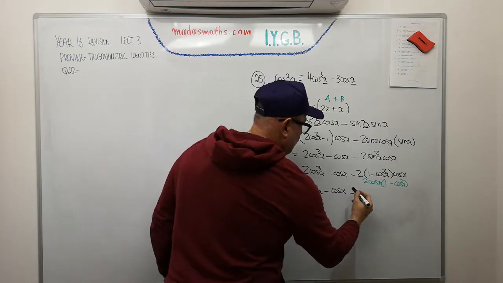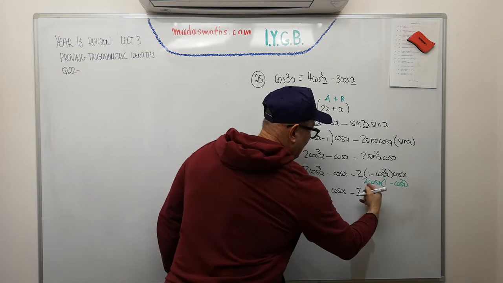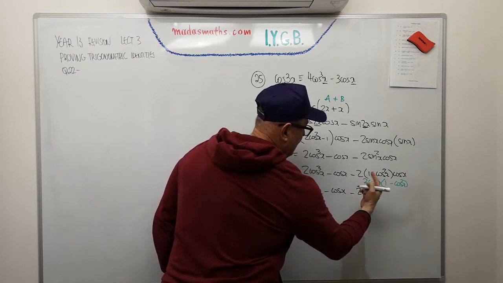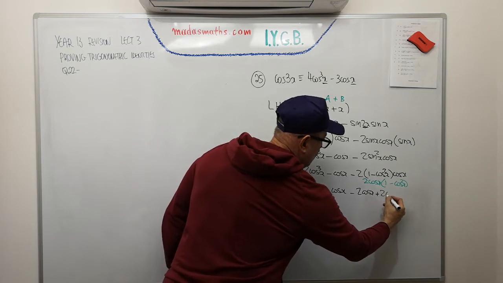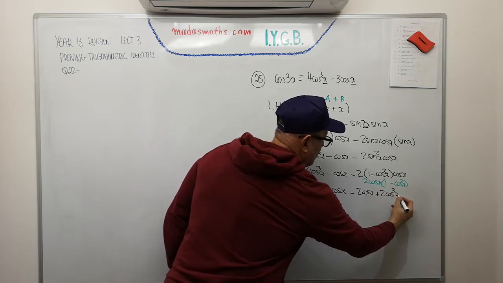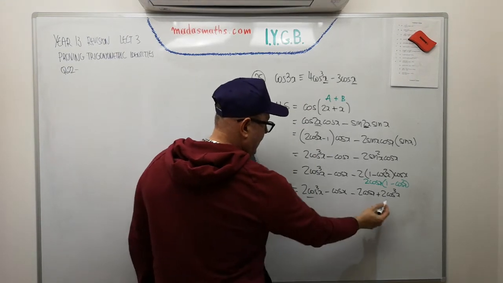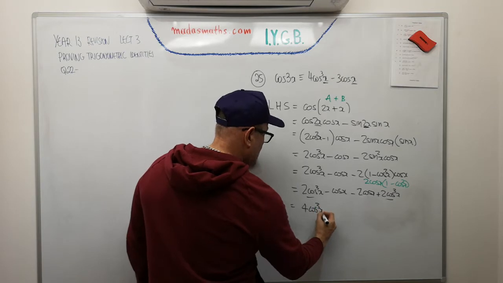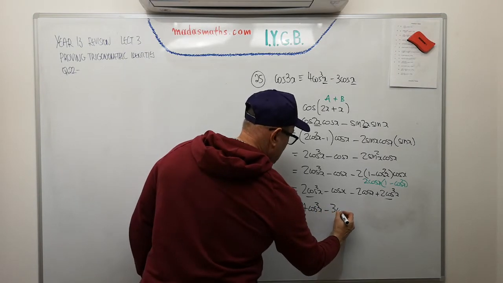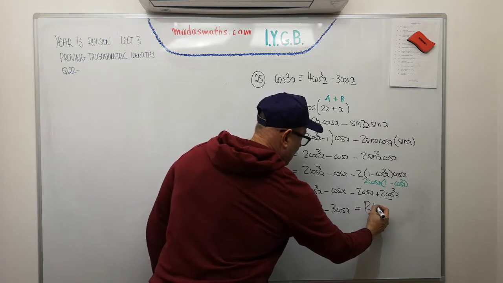So we're going to get, of course, a 2 cos x. Don't forget we got a minus there, and then the minus times the minus will give you plus 2 cos cubed of x. And if we look at what we got up there, we got 2 and 2 of those, 4 altogether, cos cubed of x minus 3 lots of the cos of x, which of course is equal to the RHS.